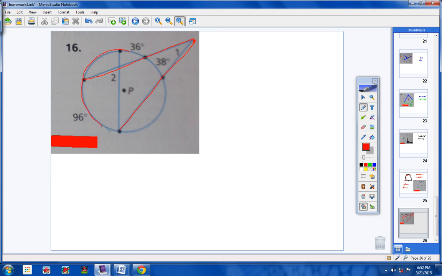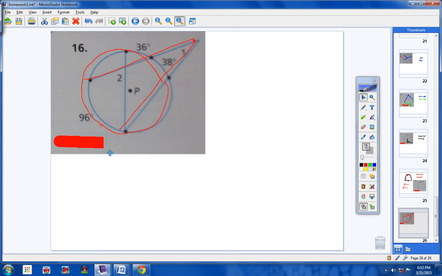It is so helpful to draw pictures. If you're taking a test or a quiz, draw the picture on notebook paper without all of the distracting other lines you don't need. That's all you need right there, and that's good enough for angle 1.